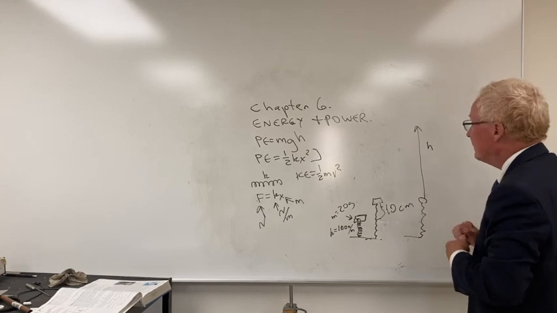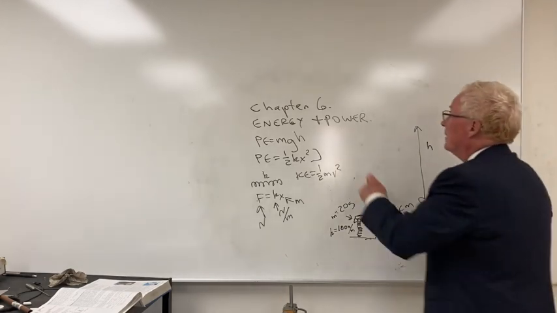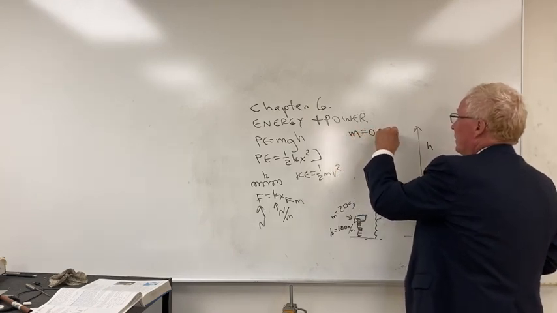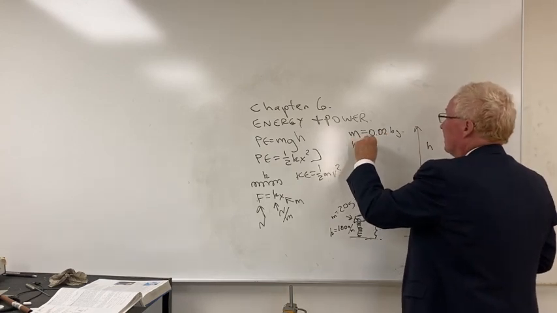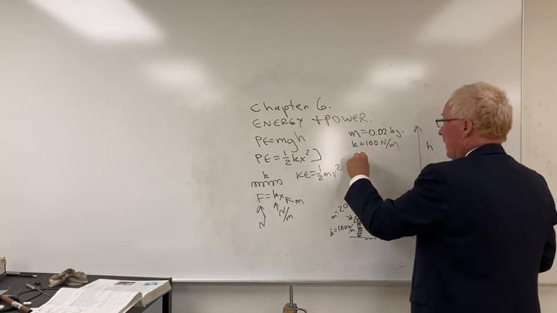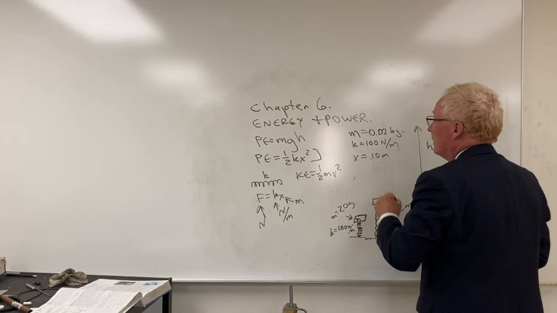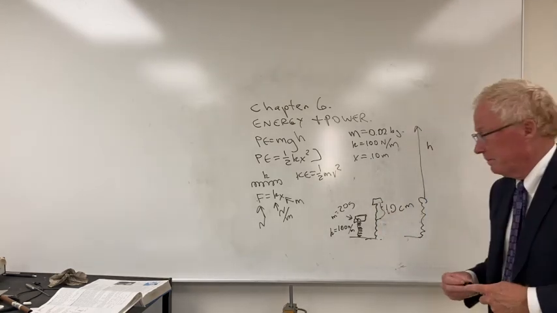We're going to figure out how high this actually goes. I'll do this one step at a time. Again, the mass is 0.02 kilograms, k is 100 newtons per meter, and x is 0.1 meters. That should be enough information for us to solve the problem.